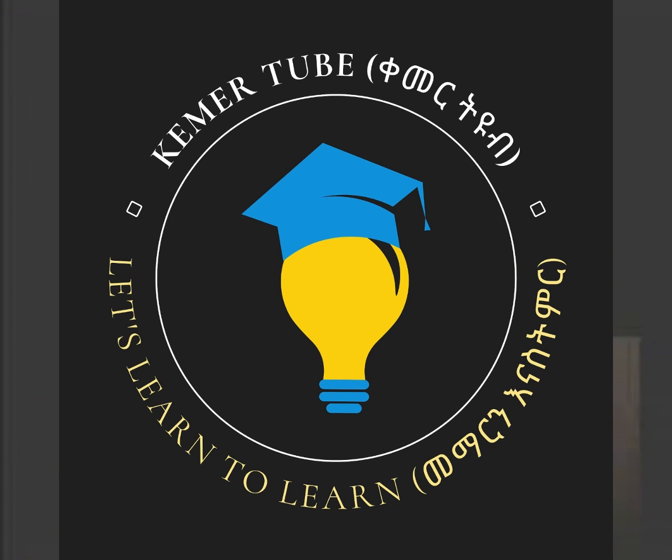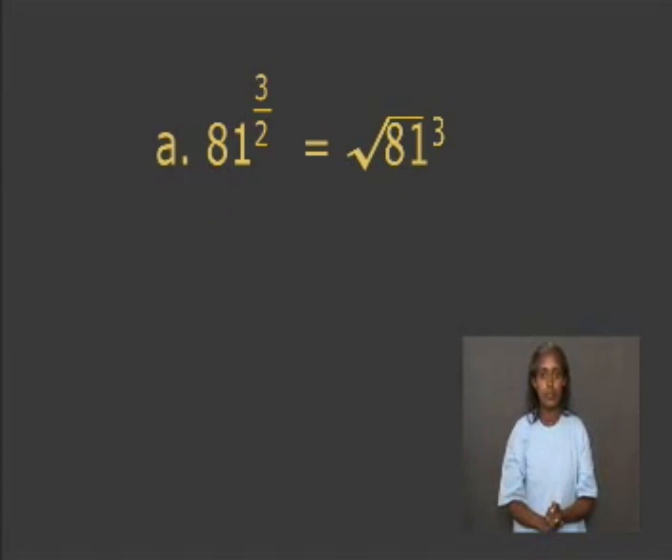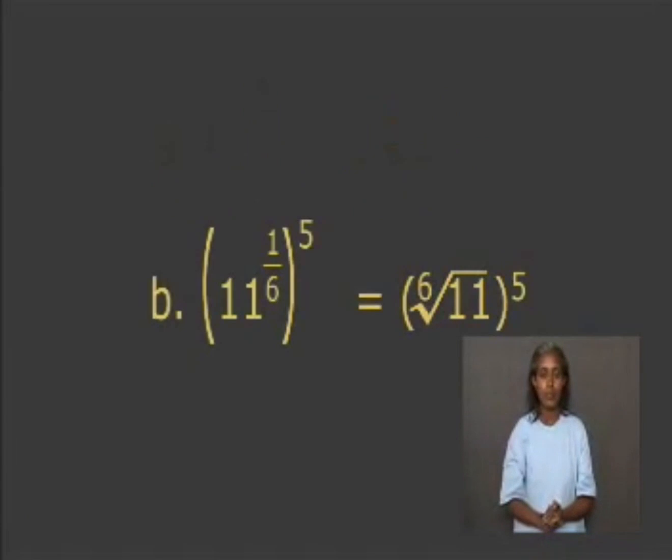For A, the answer is the square root of 81 to the power of 3. For B, the answer is the sixth root of 11 to the power of 5.